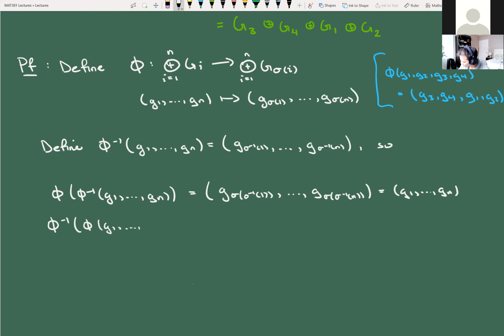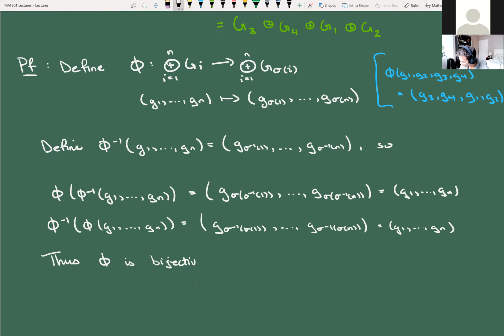I think this is easier than proving injectivity and surjectivity separately, but you might disagree. If you disagree, that's fine, you can redo the proof and prove injectivity and surjectivity your way. I also have a left inverse, which means I'm injective. So phi is bijective.